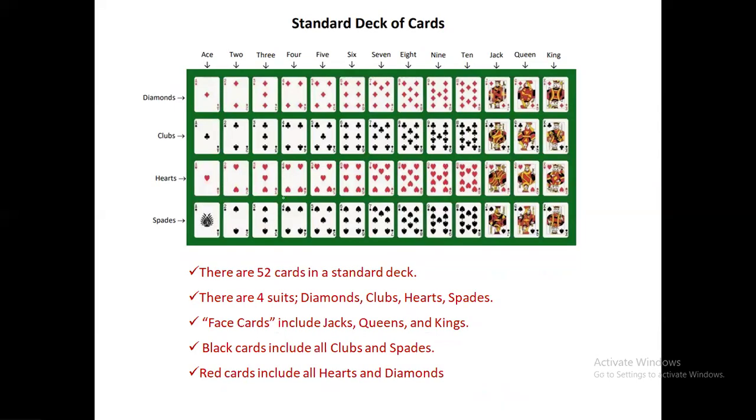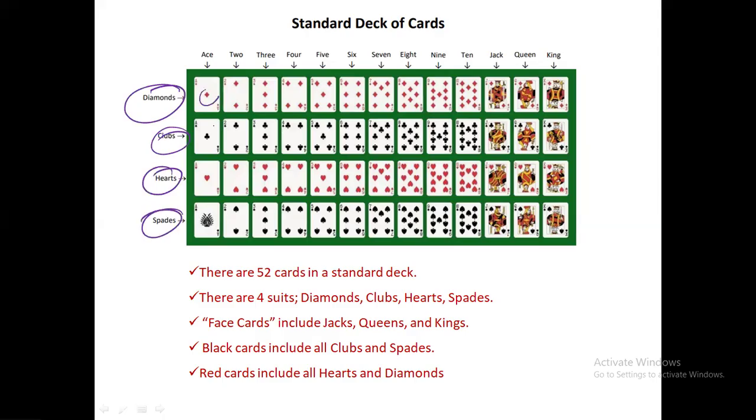Now the cards. There are 52 cards in a standard deck of cards we are considering. In this deck, there are 4 suits. What are the 4 suits? Diamonds, clubs, hearts, and spades.